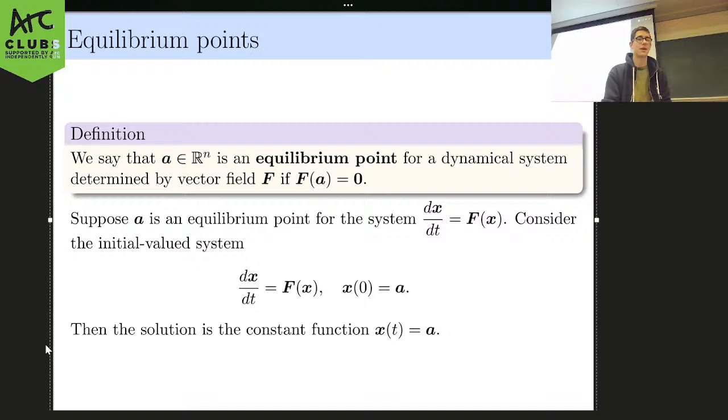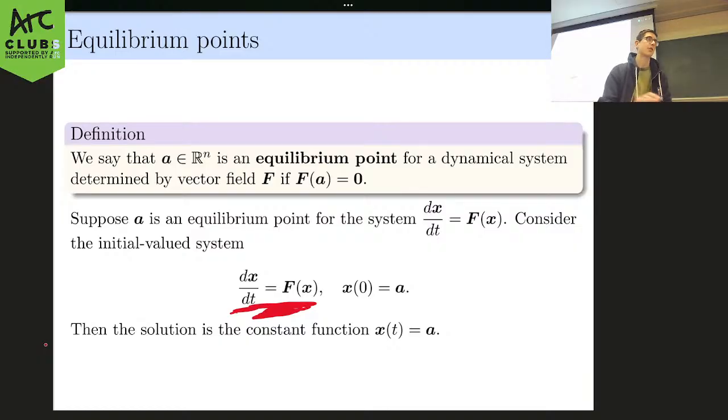In terms of equilibrium points, that's one of the last things we'll be looking at here. We say that position vector A is an equilibrium point of our dynamical system if our velocity at that point is 0. So we're not going to move anywhere at that point.